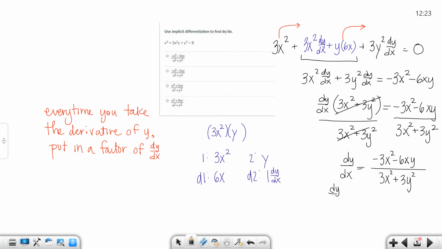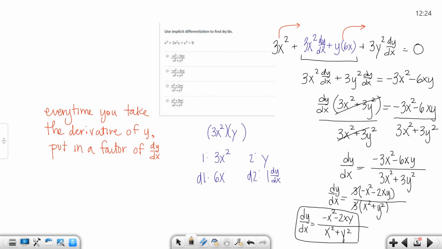So dy dx would equal 3 times negative x squared minus 2xy, over 3 times x squared plus y squared. So the 3's cancel out, and your final answer is negative x squared minus 2xy, over x squared plus y squared.